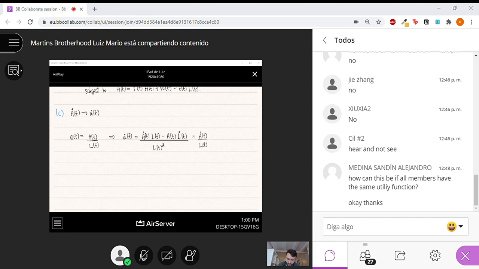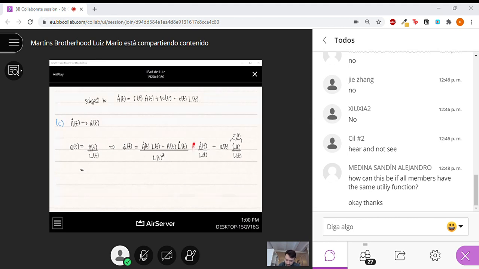I can cut the L in the first term, and AT, L dot T over L. We know that this is equal to N. And then A dot divided by L. We have A dot here. So if we divide this by L, we have this over L, this over L, and this over L. So it will be RT plus small wt.